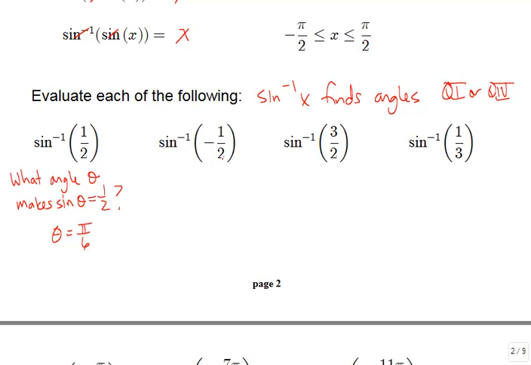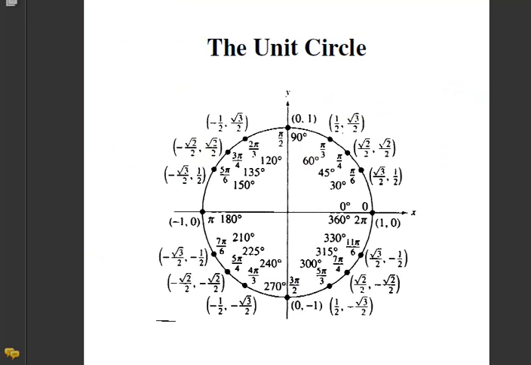Okay? So let's think about this one. Inverse sine of -1/2. That's the same thing as saying what angle theta, if you were to take the sine of it, would give you back -1/2. So if you think about your unit circle again, there's lots of values here where the y coordinate is -1/2. You could give 11π/6, you could give 7π/6, but neither one of those angles is between -π/2 and π/2. 11π/6 is a quadrant 4 angle, but it's not between 0 and -π/2.